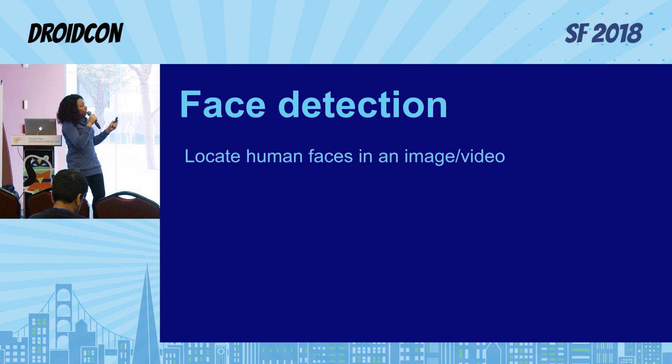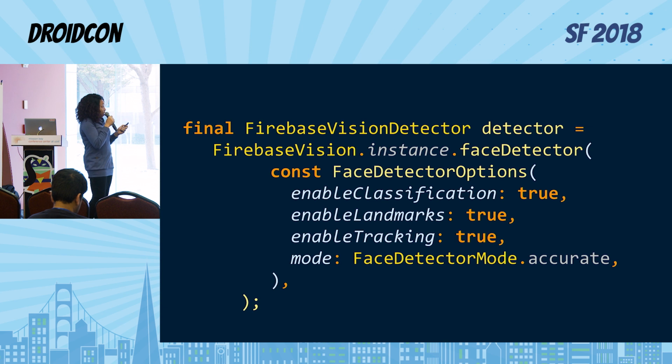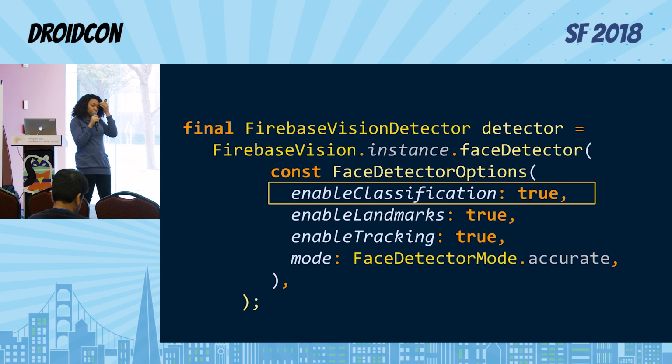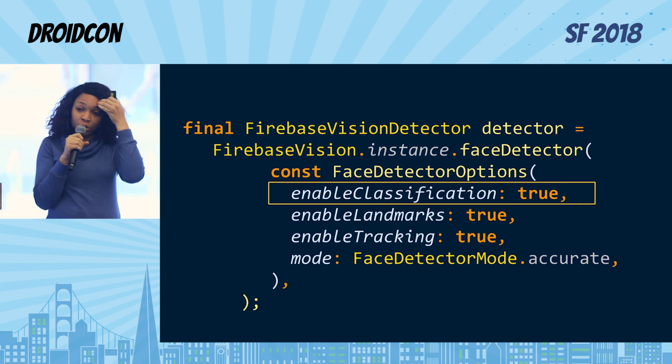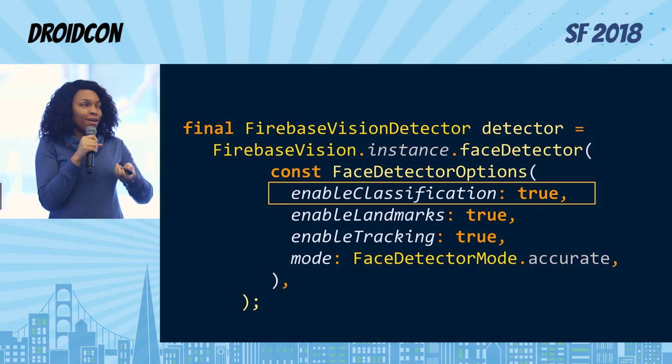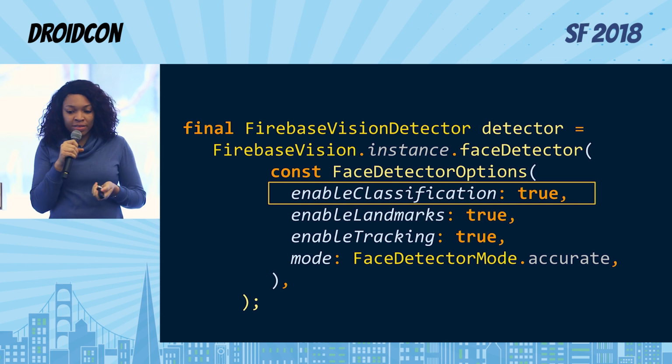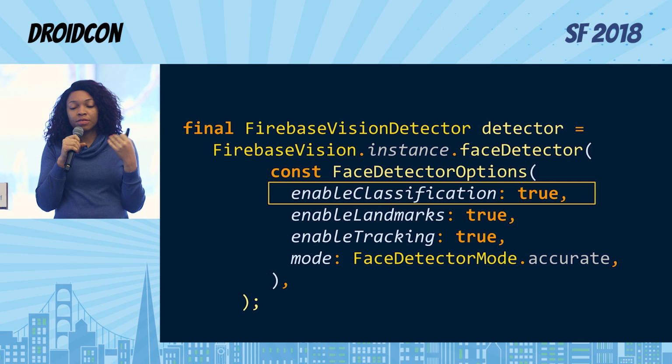So this is how I would call my face detector in Dart. This is the Firebase vision detector using the face detector. I'm highlighting this here because if you want to enable classification, these are disabled by default. What classification means is that it's going to tell you whether the face is smiling, or whether the right eye is open, or the left eye is open, that kind of thing.